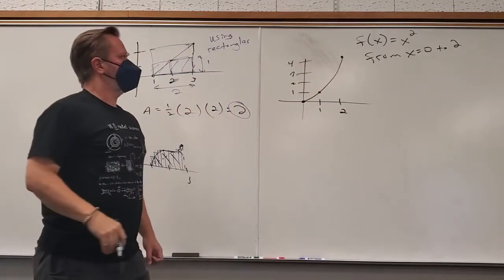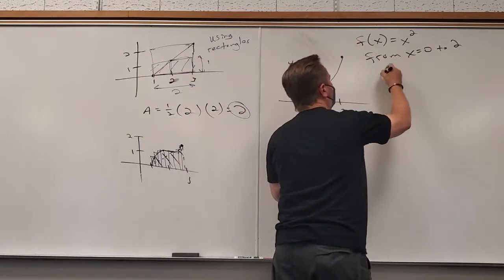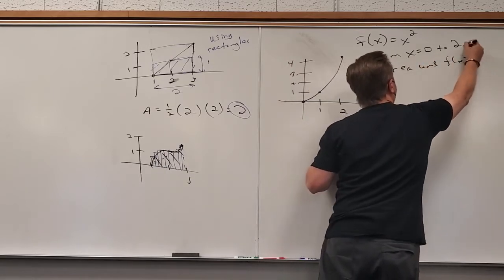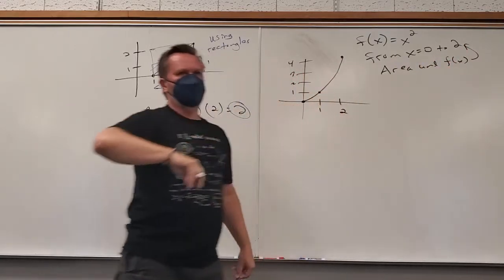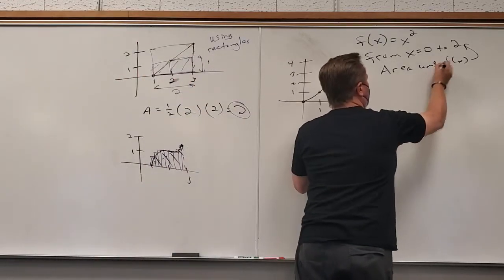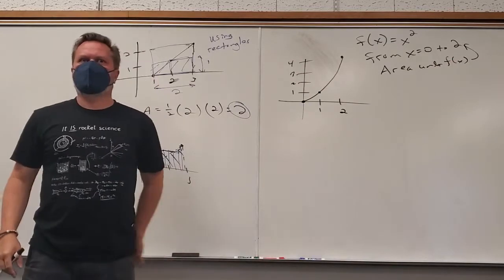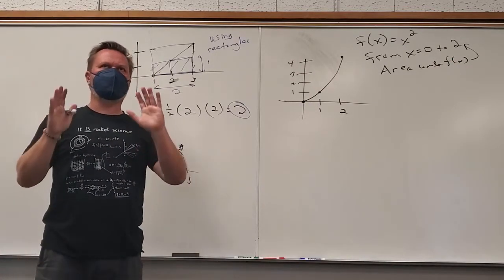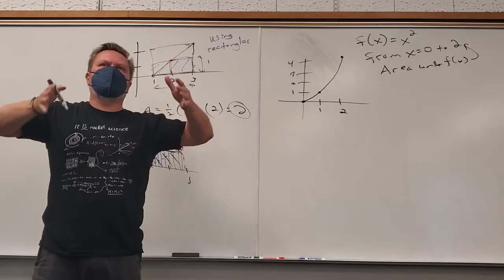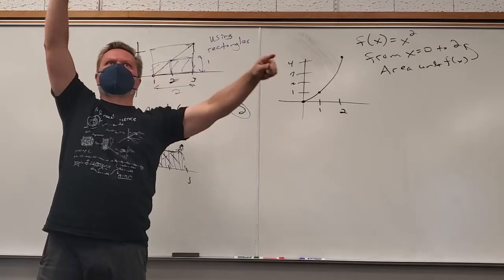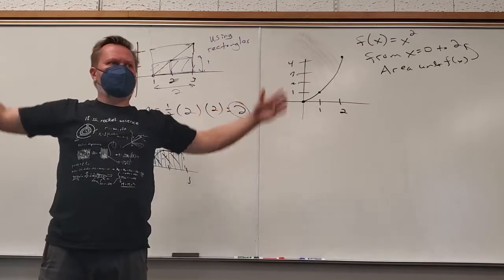So I want to find the area under f of x from 0 to 2. I just spelled under with 3 letters, but I did. You guys with me? So the fundamental thing that what we're creating right now does is it finds the area under any function I give it.